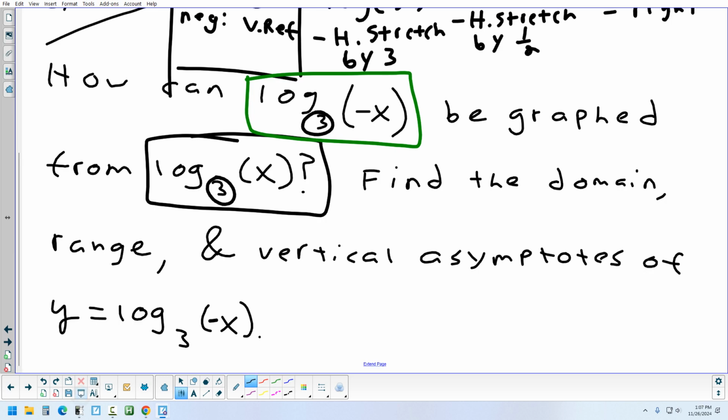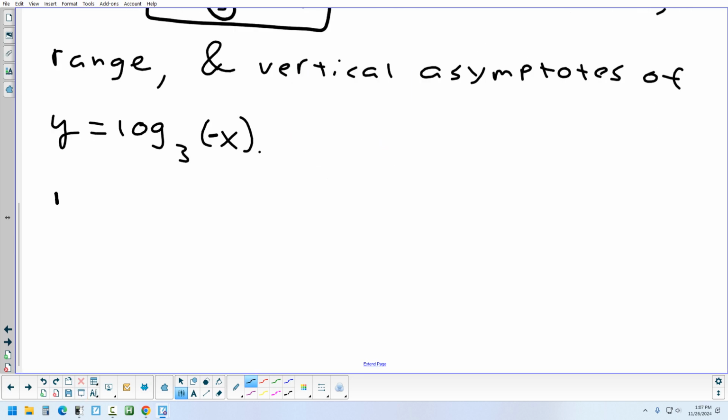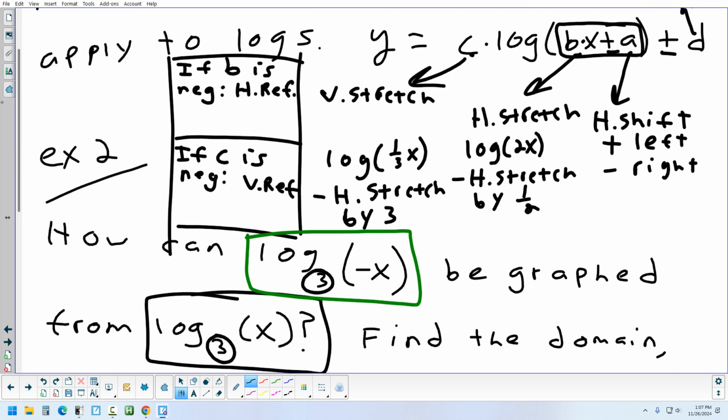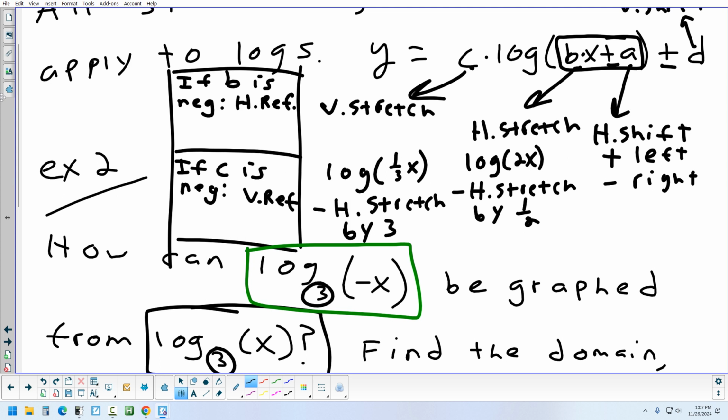So let's start with the transformations. When we look at where the negative is, and then we match it up to the chart and figure out what it's doing, wouldn't it be a horizontal reflection?